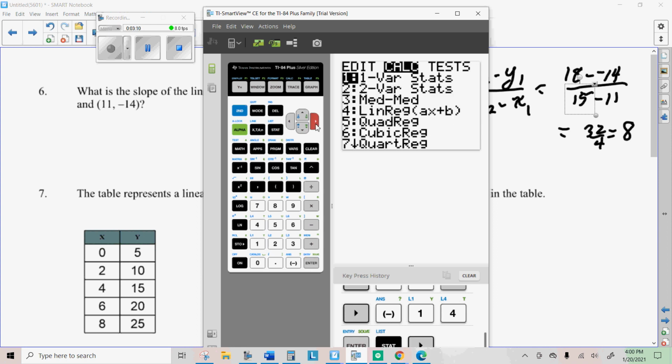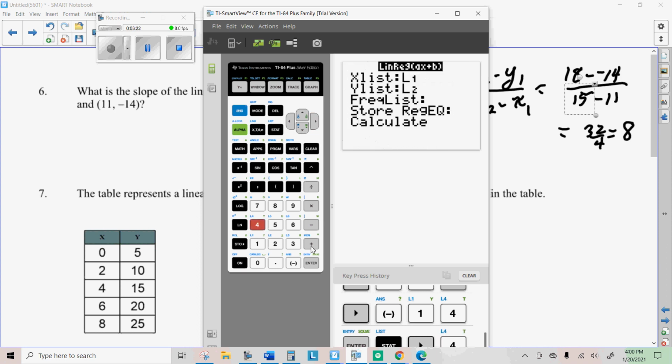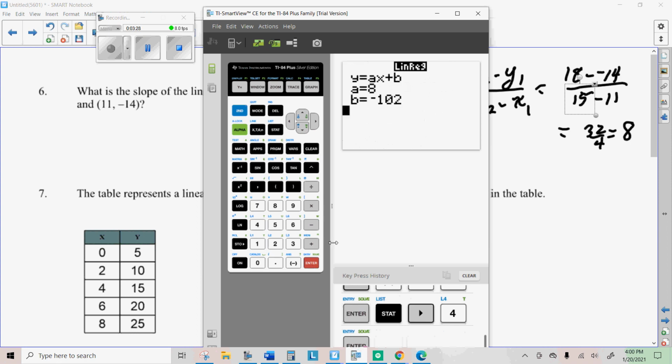If you forget which buttons to push, that's also in the resource sheet I gave you for using the calculator. But calc, and then number 4, and then you can hit enter till it gets down to calculate here, and it'll give you the slope. It's the number in front of x, which is the letter A, so it's 8. So that's a good way to check your work.